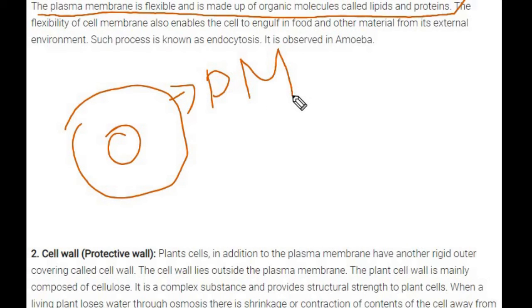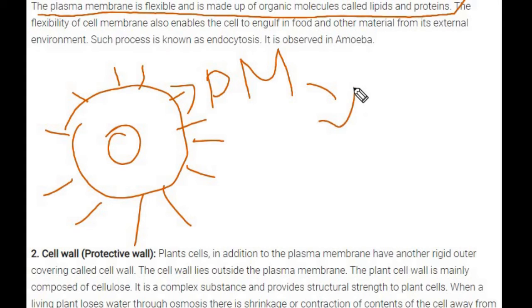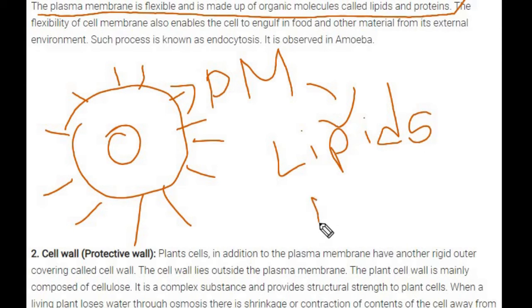It is mostly made up of lipids and proteins. It's very important. So the plasma membrane is made up of lipids. This might be very frequently asked in exams. And proteins. This point should be remembered carefully.